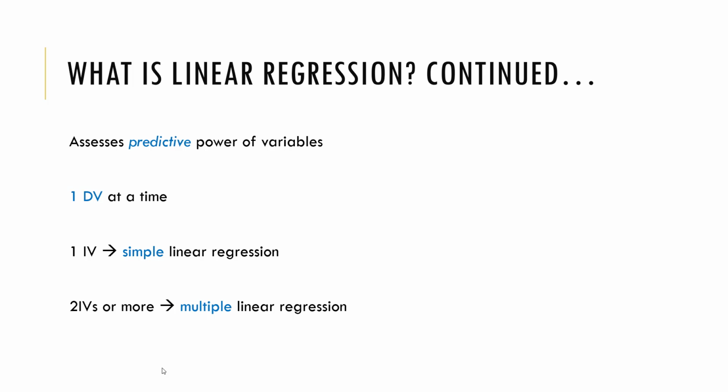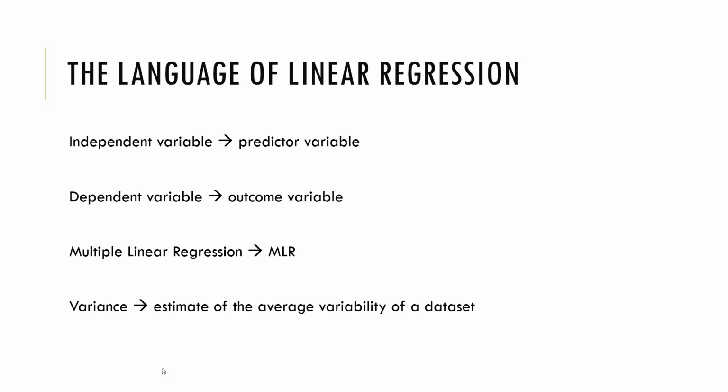So we've got these different terms, and actually some of the terms in regression are slightly different to other types of analysis that you may have encountered. So it's really important to get to grips with that, especially if you're reading through the literature or guides, and if you're listening to me as well, you'll hear me using slightly different language to dependent variables. You'll hear me talking about predictor variables and outcome variables instead.